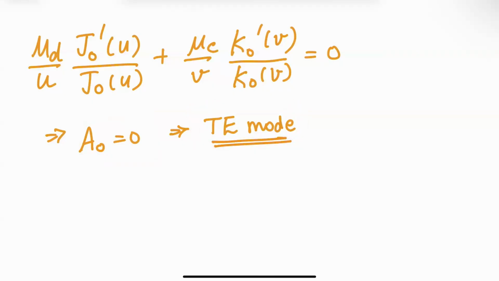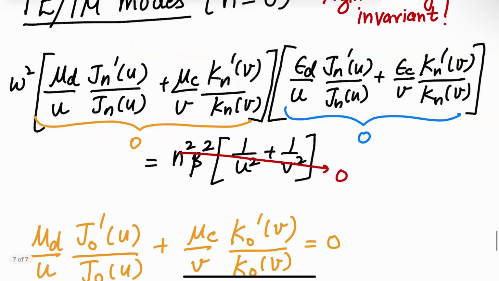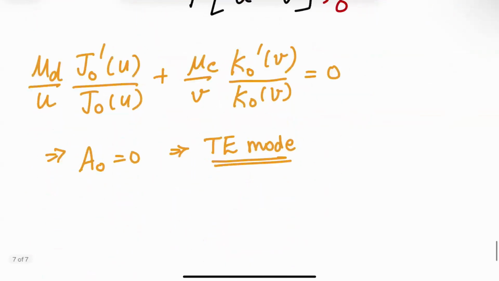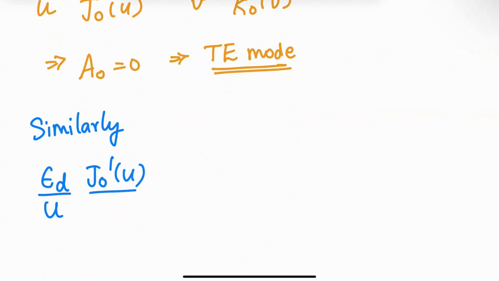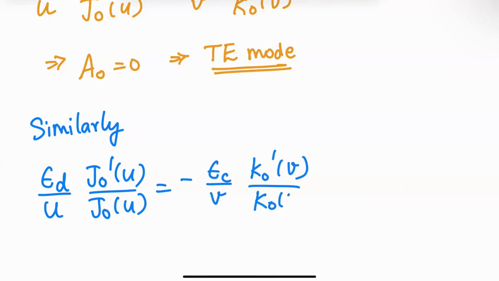Okay, similarly, if you use the other one, which is this guy, if you set this to 0, then I would say similarly, if you solve the transcendental equation epsilon d over U, J0 prime U over J0 U is equal to minus epsilon c over V, A0 prime V over K0 V. This gives TM modes.